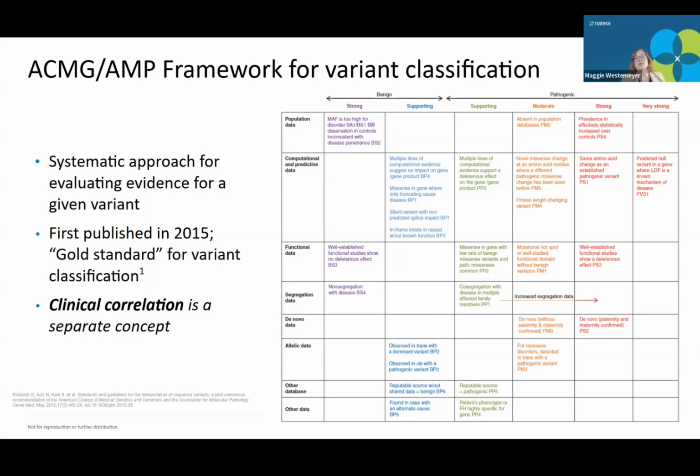That framework is the gold standard we use in the lab for genetic testing and variant classification. I like to stress that this is the laboratory piece. Variant classification can give a molecular diagnosis, whereas the next steps, those steps that you take, sometimes even in partnership with us at the lab through discussions, are the clinical correlation piece.